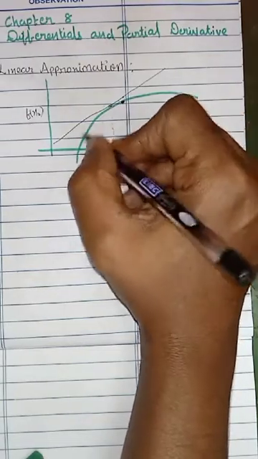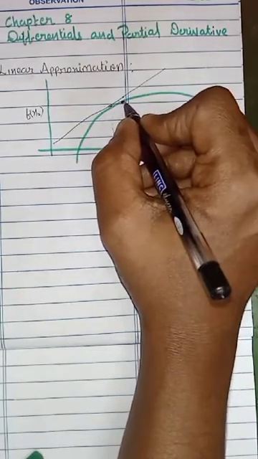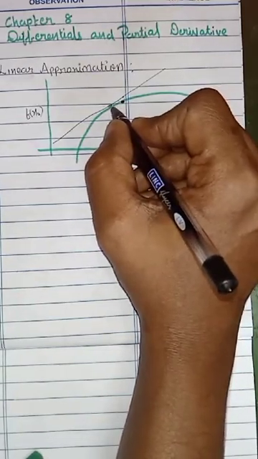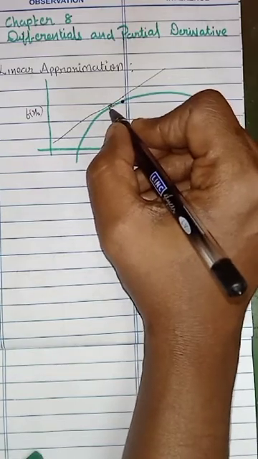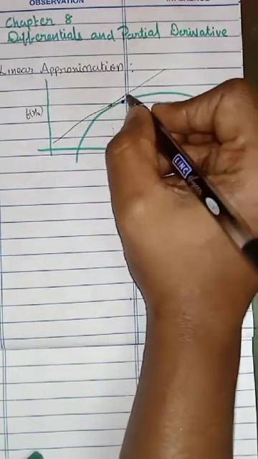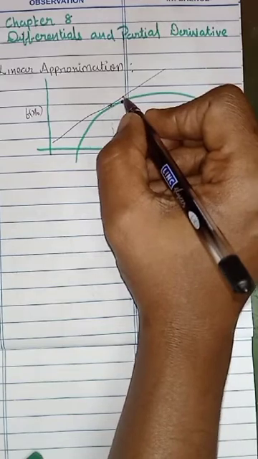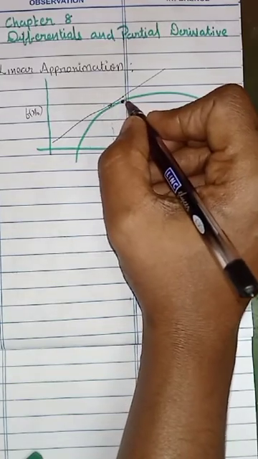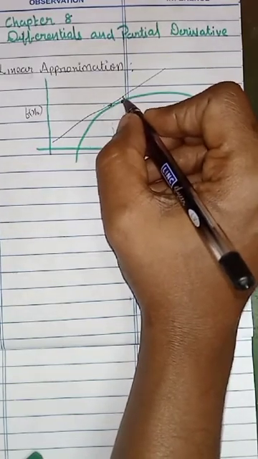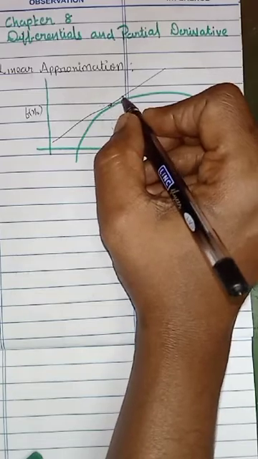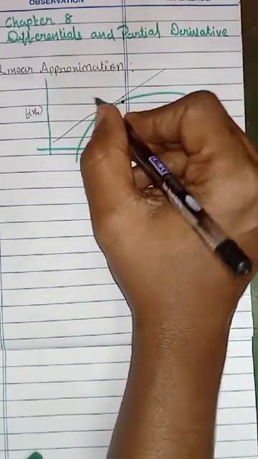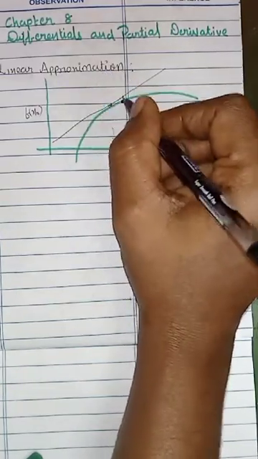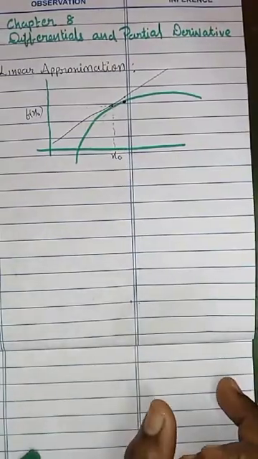Actually we want the point on the curve, but there is no tangent there, so we take another tangent nearby. If you know the tangent value, you can use this distance to find the value. So this is what we are going to study in linear approximation.